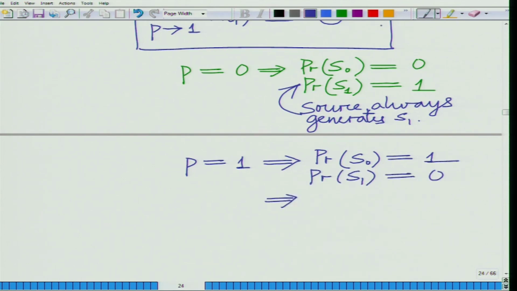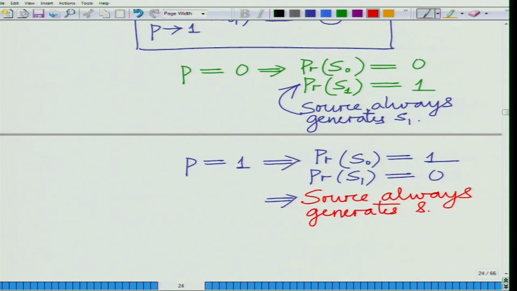This implies that the source always generates the symbol S0. So, in either of these two cases, when the source always generates S0 or always generates S1, that is p equal to 0 or p equal to 1, the uncertainty is 0 because the source is always generating either S0 or S1.